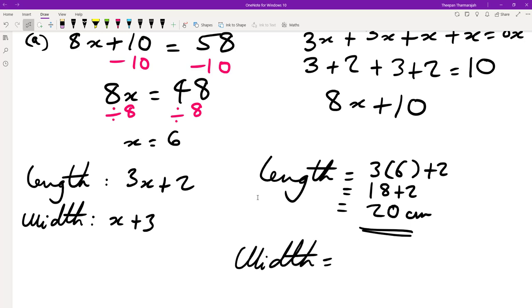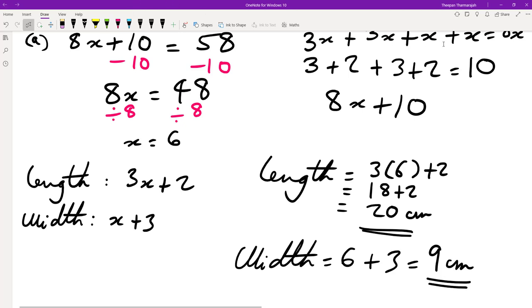It's going to be x plus 3, so it's going to be 6 plus 3 is 9 centimeters. So we've got that the length is 20 centimeters and the width is 9 centimeters.